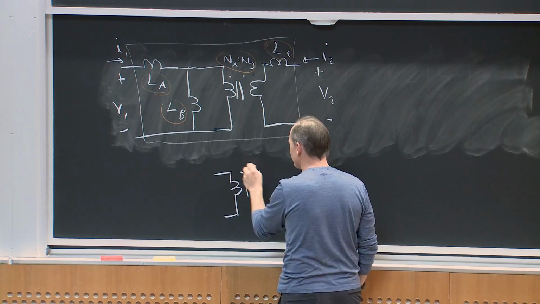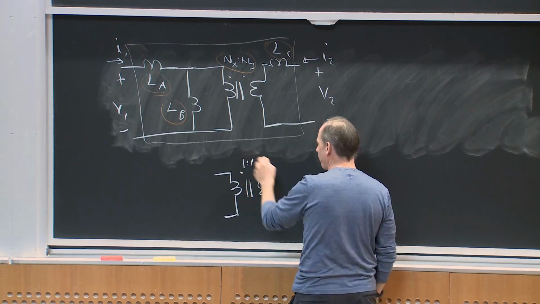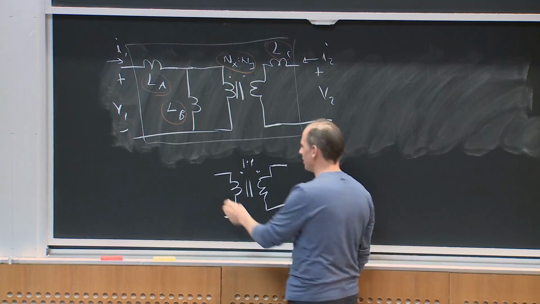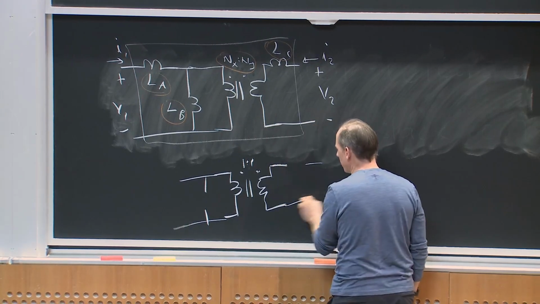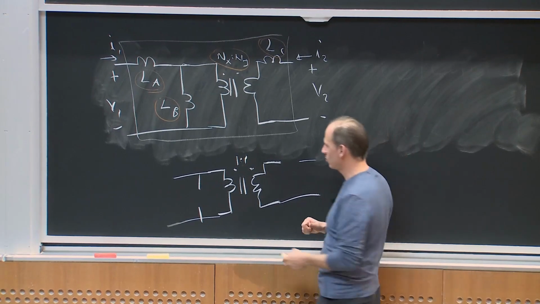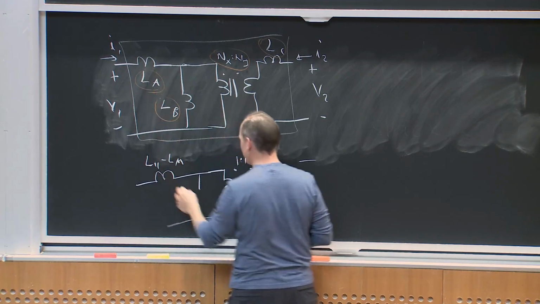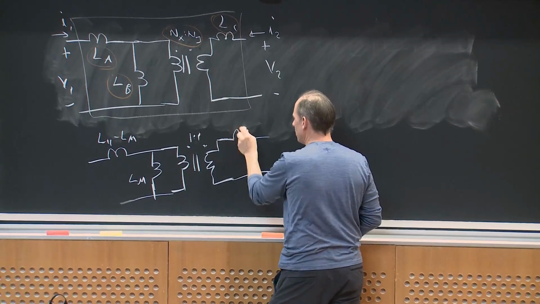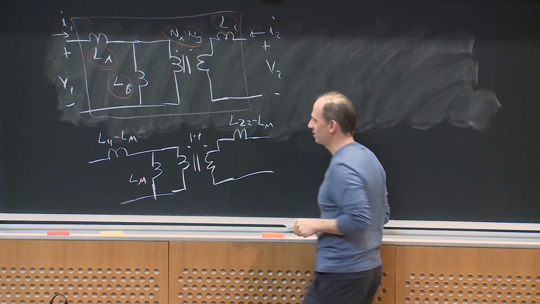Even if my real device does not, okay, I could create a circuit model where I arbitrarily pick this to be 1-to-1, and then I'm going to have 3 other parameters that I pick to match the terminal relations. What would I get in this case? What I would get is L11 minus Lm would be La, Lm would be Lb, and L22 minus Lm would be Lc.